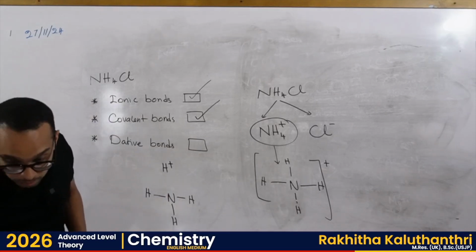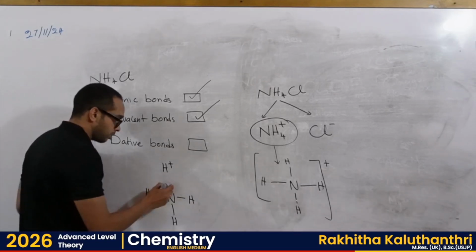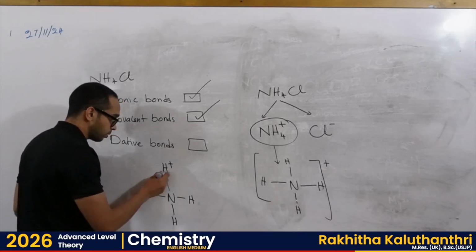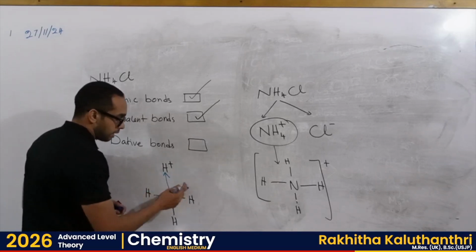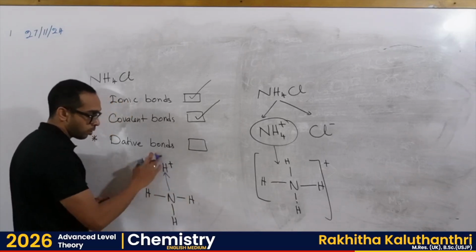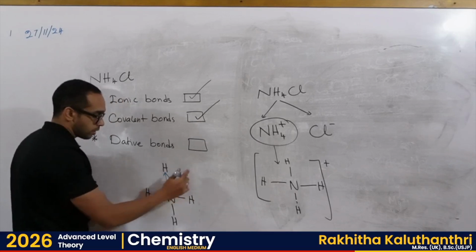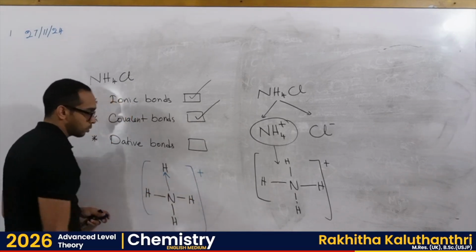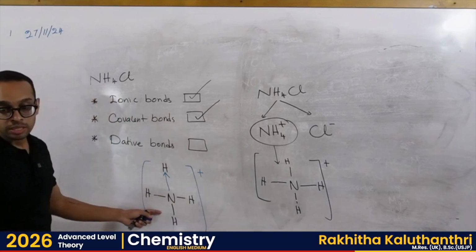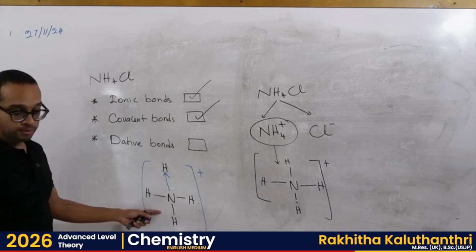I will draw the dative bond in a different color, like so. Once this bond is formed, the H plus positive charge can be written outside like so. So this is the actual formula of ammonium.